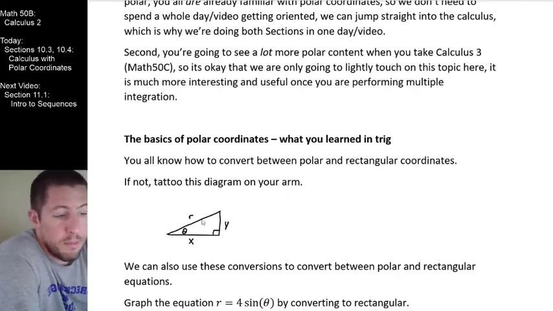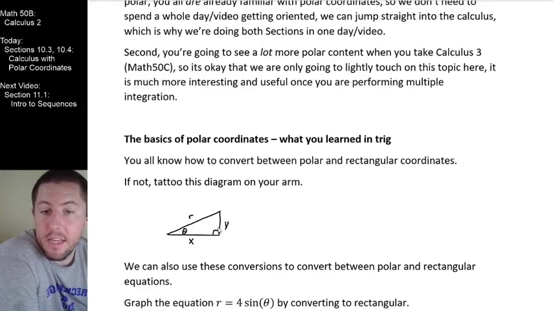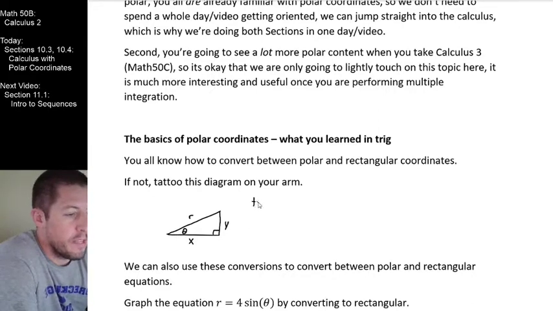Some things that I can see are, if my goal is to find r and theta given x and y, then to figure out theta given x and y, there's clearly a tangent relationship because y is opposite and x is adjacent. So I'm making the statement tangent of theta equals y over x, and I can solve for theta by taking an inverse tangent.